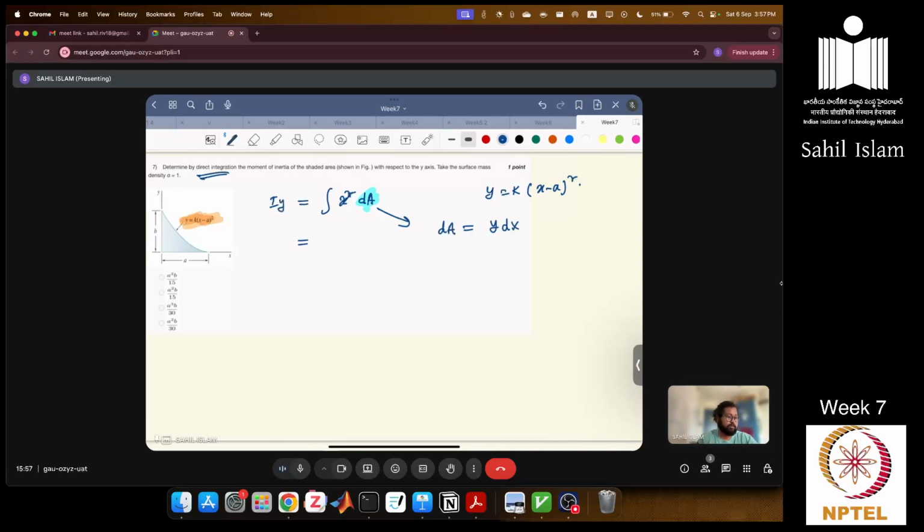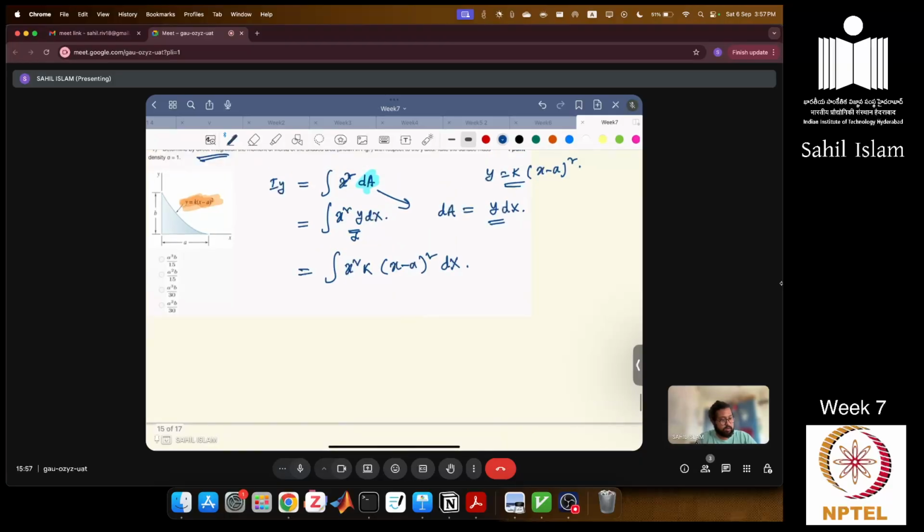So integral x square y dx. Now y is given from here, k(x minus a) whole square times dx. The integral will be over x from 0 to a, so we have k integral 0 to a of x square times (x minus a) whole square dx.